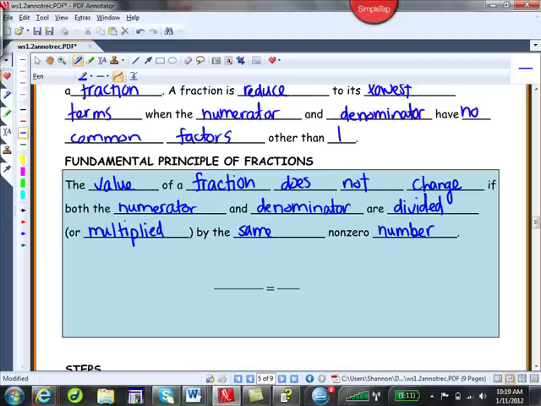So, if we have A times C over B times C, that's the same as A over B.